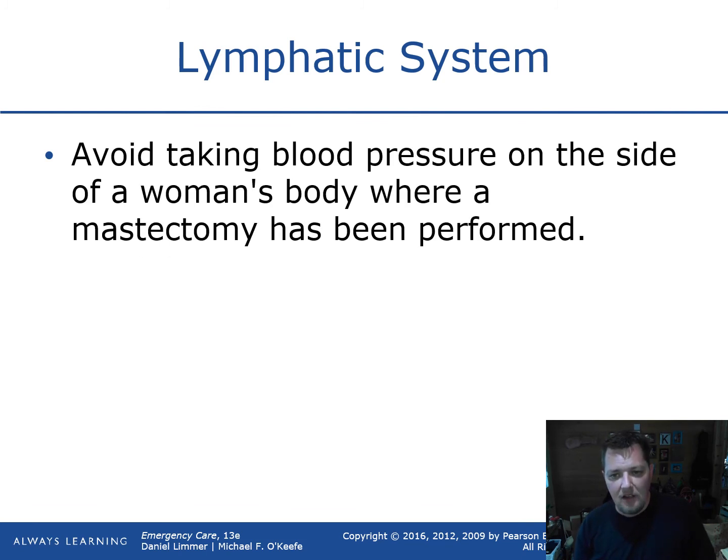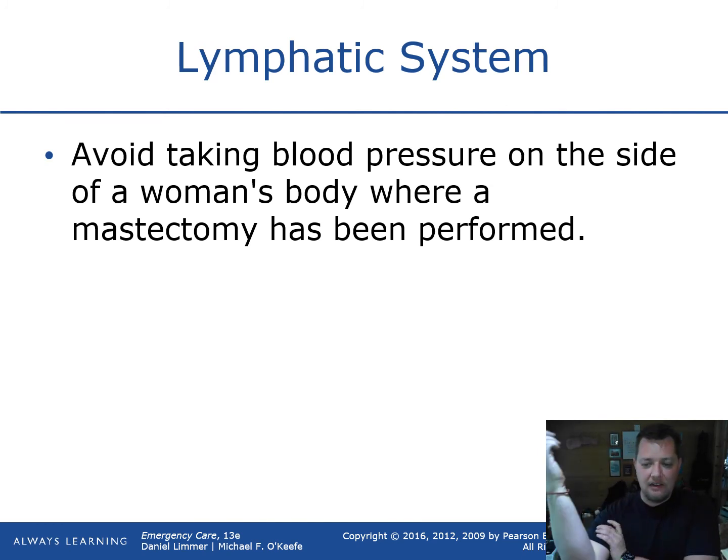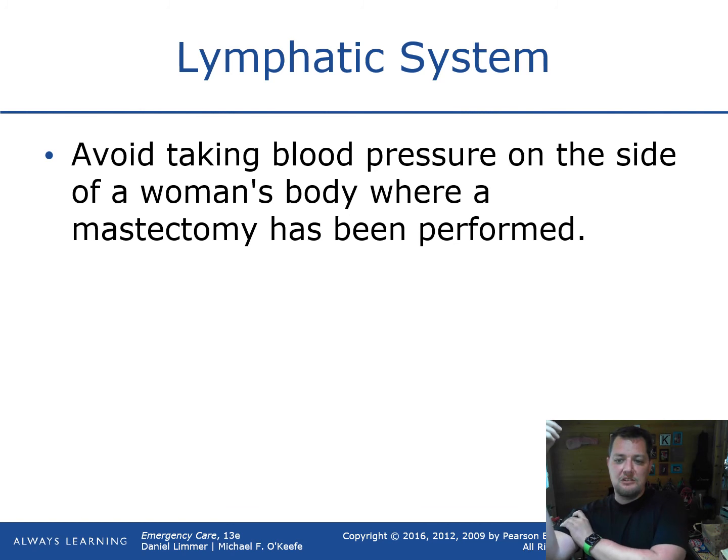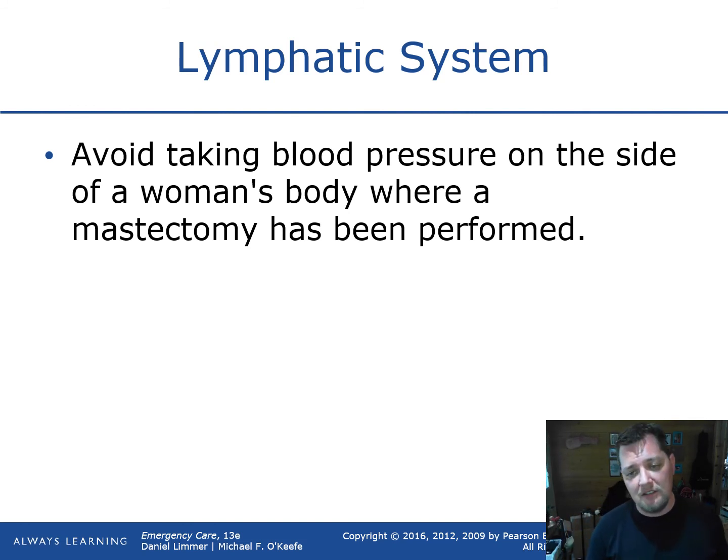Okay, so we want to avoid taking a blood pressure on the side of a woman's body where a mastectomy was performed, just because if we do, we're putting on a blood pressure cuff and tightening that arm, or squeezing all of that lymphatic vessels that run through the body, and those lymphatic vessels will then kind of back up and create nodules, and can cause some problems.